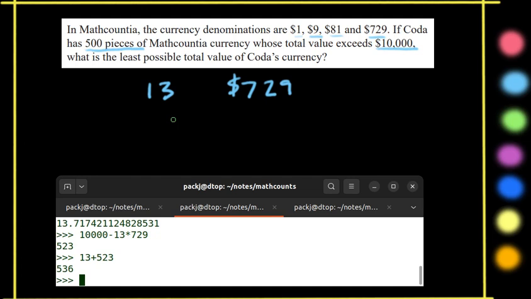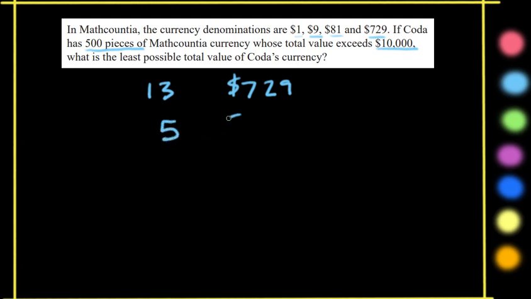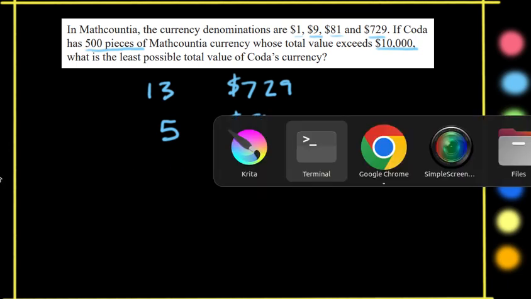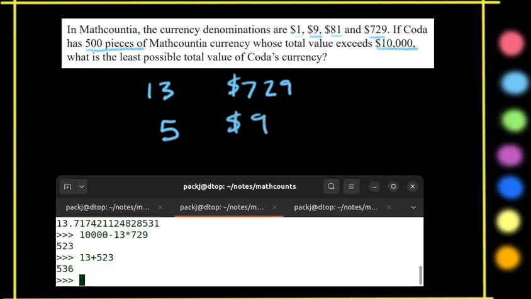So let's say we have 5 $9 bills, right? And then what does that leave us? Let's see. So we've got 500 minus 13 minus 5. That will tell us how many $1 bills we need. So that's 482.